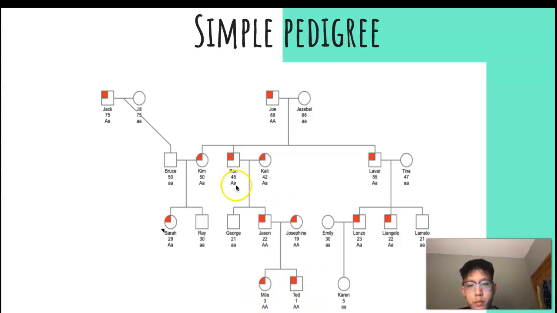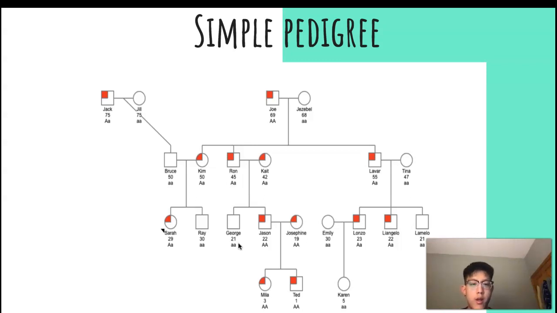Whereas if there's two heterozygous, that can result in a homozygous recessive. Like I discussed earlier, in autosomal recessive disorders, two copies are needed for it to be expressed.